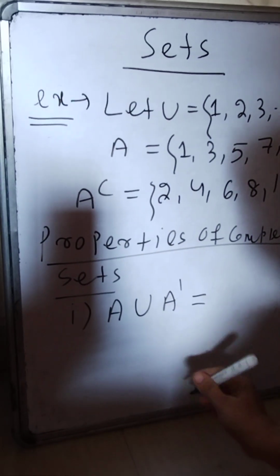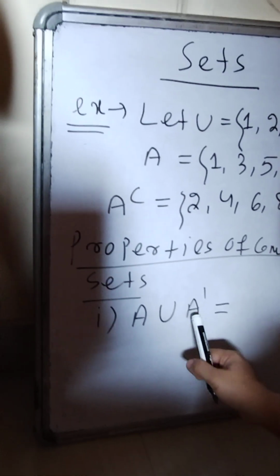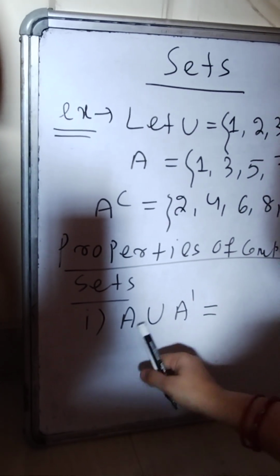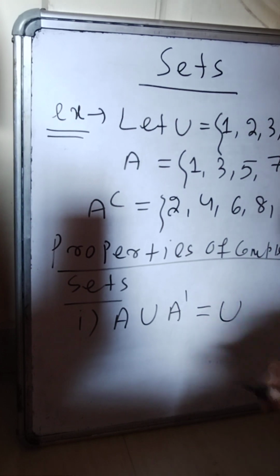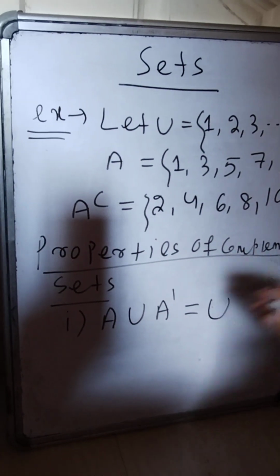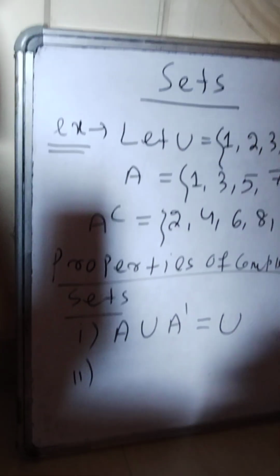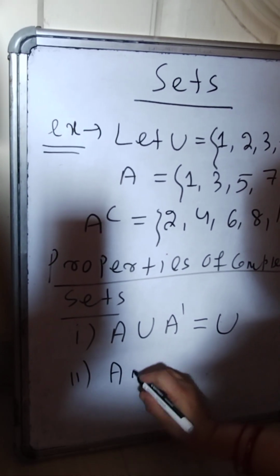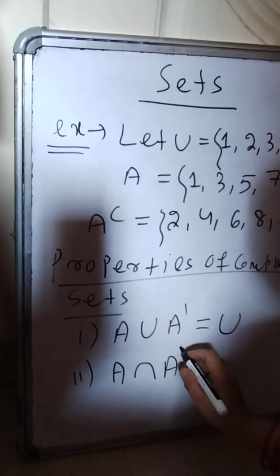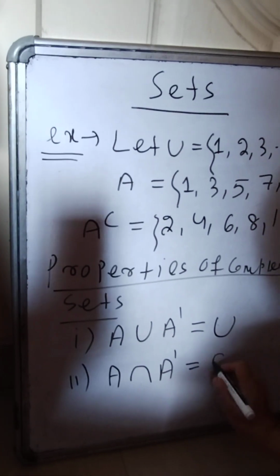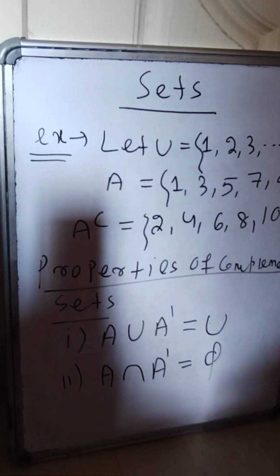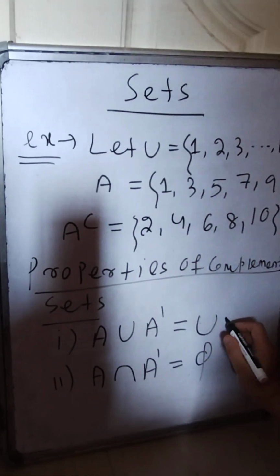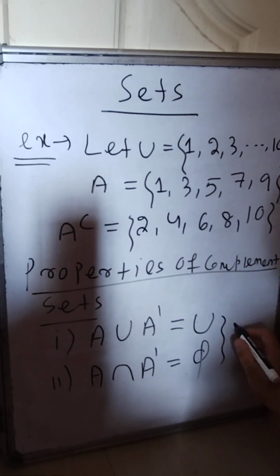From the Venn diagram we drew previously, you can find that a given set and its complement, if you find the union, you will get the universal set. Similarly, you can see from the Venn diagram that set A intersection A complement is nothing but the phi set. Complement of a set and that set have no common element. So these two properties are called complement law.